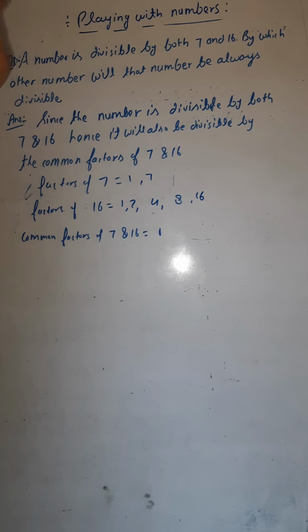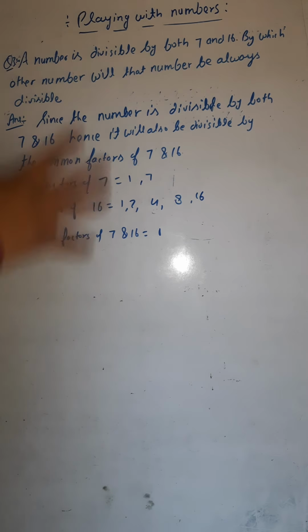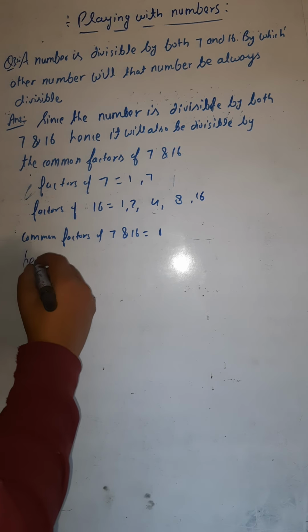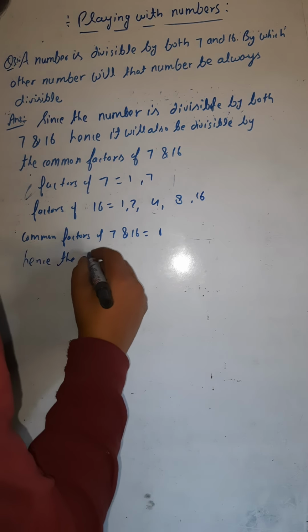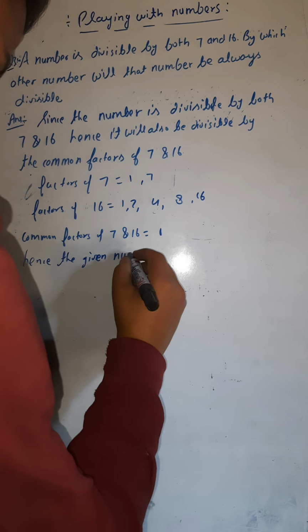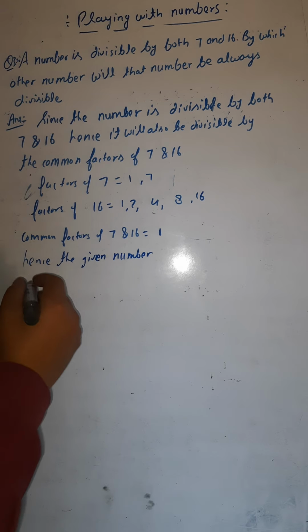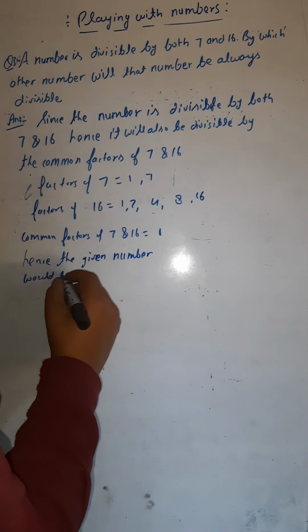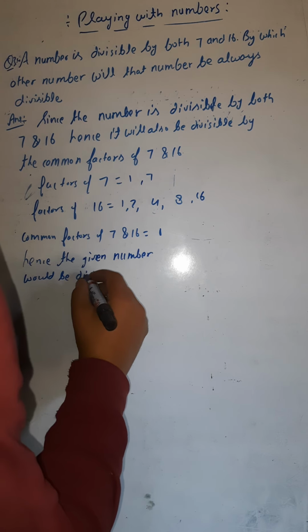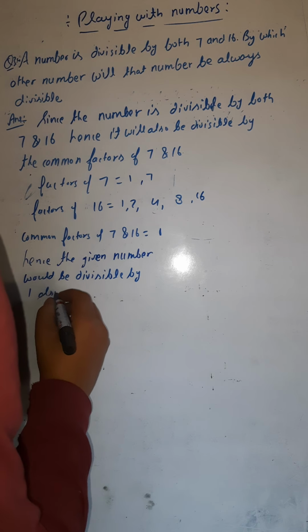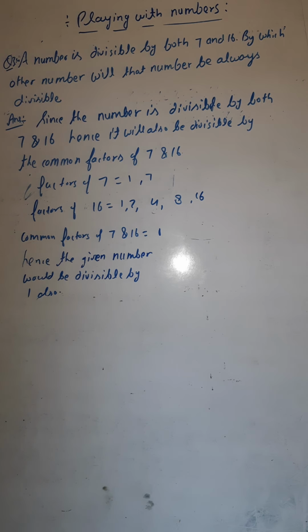If a number is divisible by 7 and 16, then it would be divisible by 1 also, because 1 is the common factor of 7 and 16. Are you getting this? Just note it down.